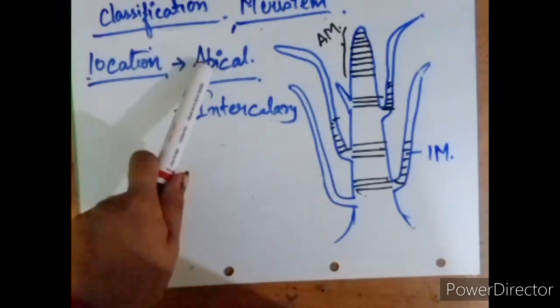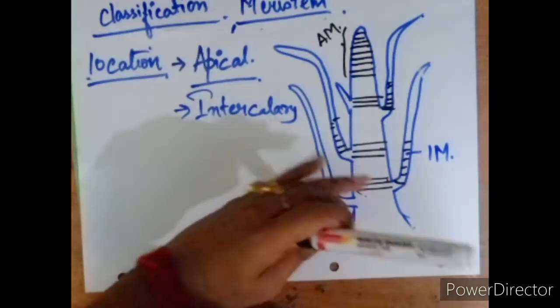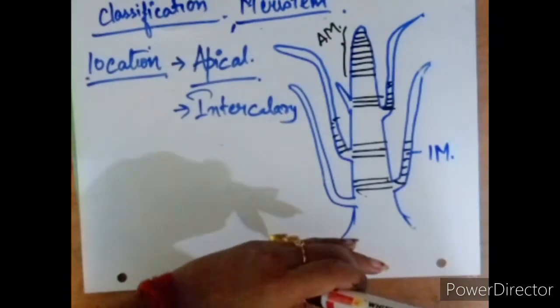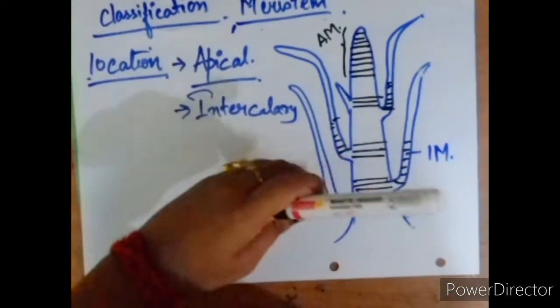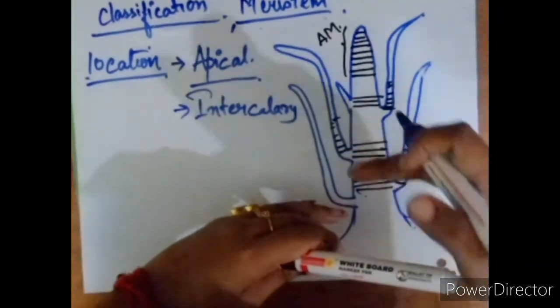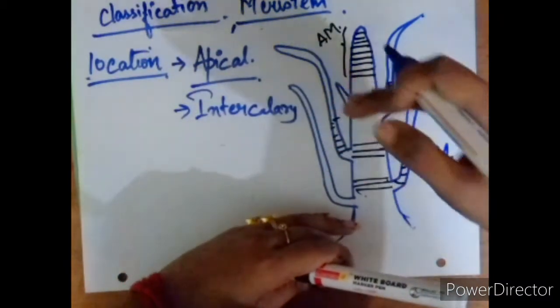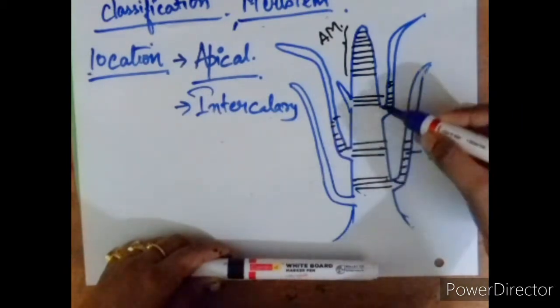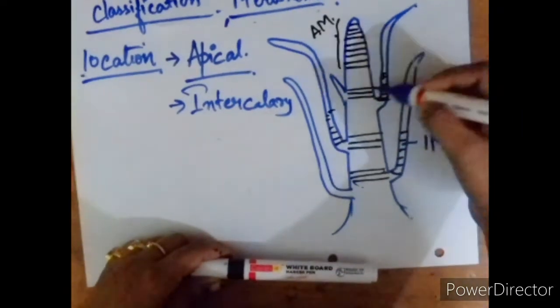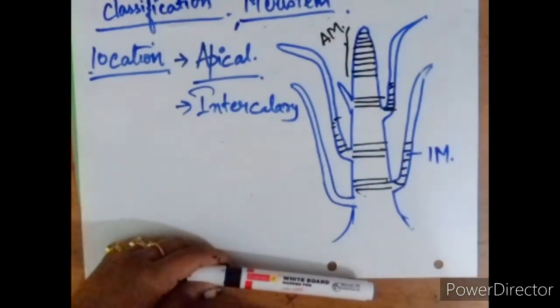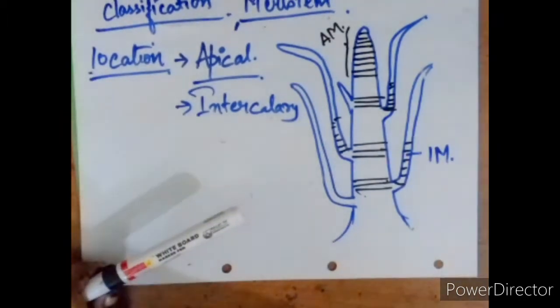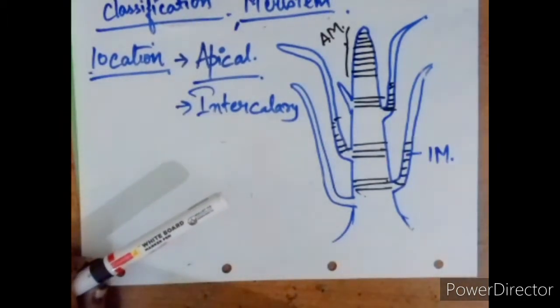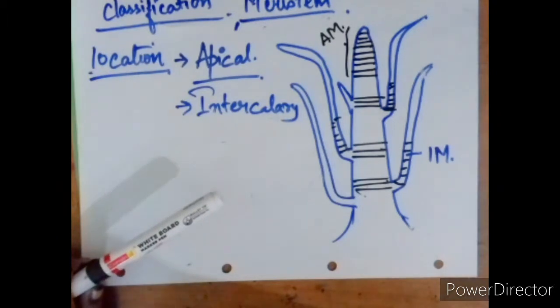Previously it was apical meristem, but when it has grown, the plant has taken its lengthwise growth, and the growth system has been divided according to certain sections of the plant. So you can see these portions are the intercalary meristem, whereas the apical portion, that is the apex portion, is the apical meristem. And intercalary meristem has the same function as that of the apical meristem.